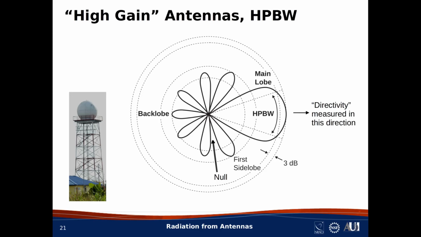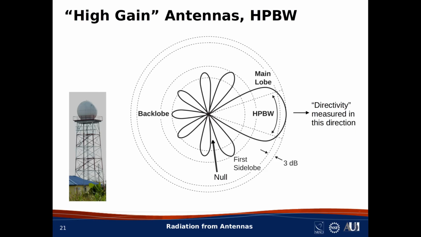Some antennas are capable of very high directivity. For example, the weather radar we mentioned earlier in the lesson would certainly have a very high directivity, probably 20 dBi, maybe 30 dBi, maybe more. The pattern of such an antenna usually looks something like what I've shown here. To the right, we have a main lobe, which is where the greatest directivity happens.